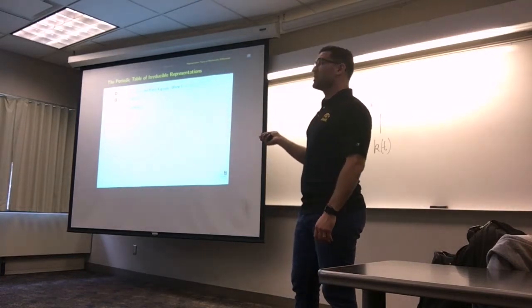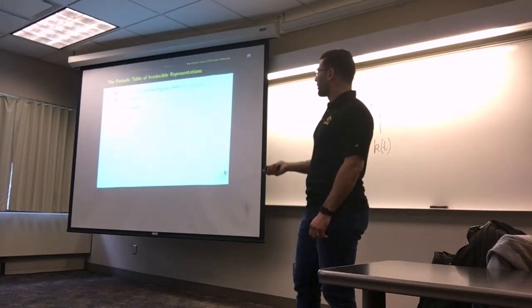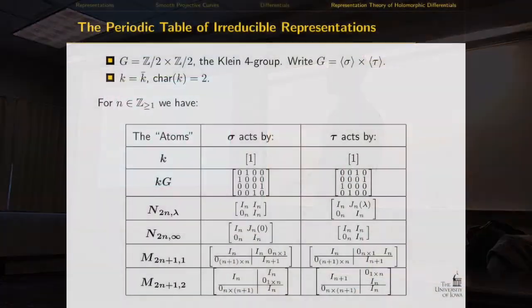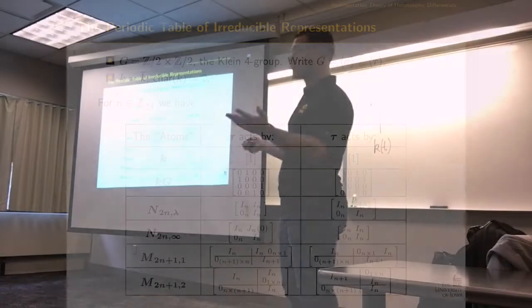So whenever you see an n in the following table, it's some integer greater than or equal to 1. Here are the atoms in the left column. And if it's a representation, I need to tell you not only that it's a vector space, but how G acts. In this case, it's enough to tell you how sigma and tau act. So here we have the trivial representation, the one-dimensional vector space over k, where sigma and tau act by the 1-by-1 matrix 1.